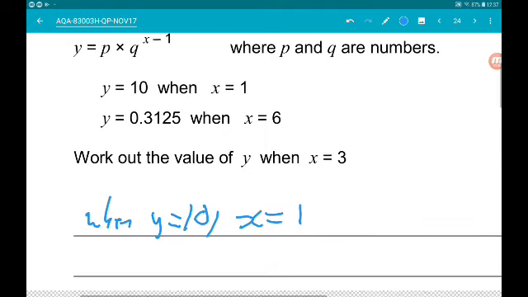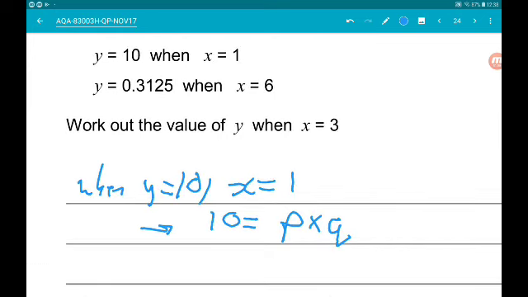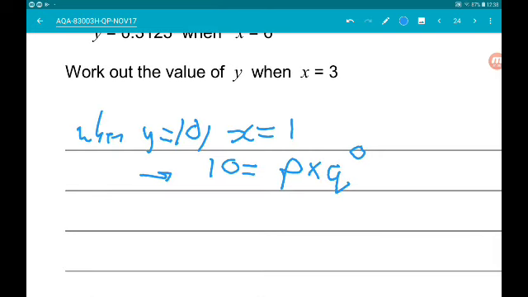That's going to give us then 10 is equal to p times q to the power of 1 minus 1, which is to the power 0. Now any number to the power of 0 is equal to 1.